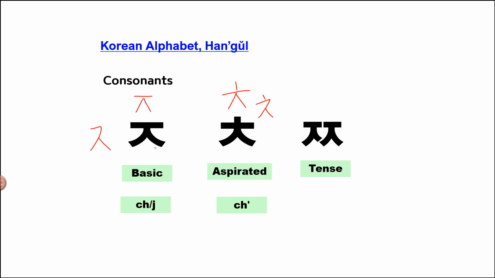You have two consonants. Since the basic sound was J, you say that with a higher pitch. The romanization will be double J.